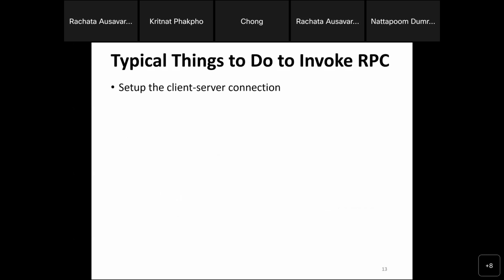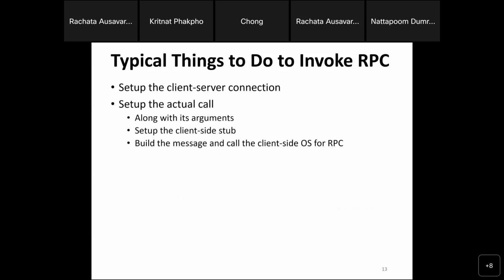Again, first of all, set up a client-server connection. You've seen this already. Then you set up the actual call along with the arguments by setting up the client side stuff. Again, we see the demo. We build the message from the client side. Then you use the RPC to send the packet over, right? The client side handles the RPC and sends the message.